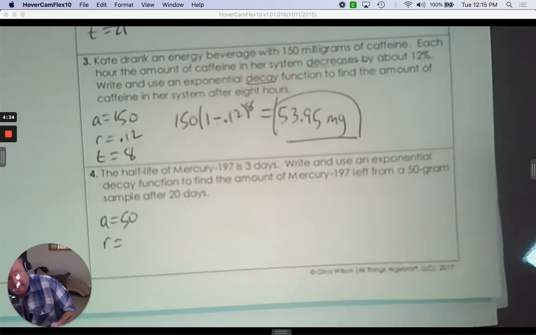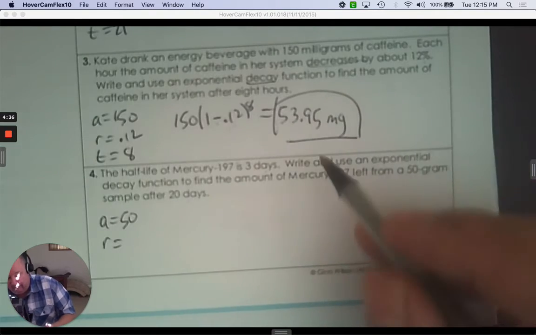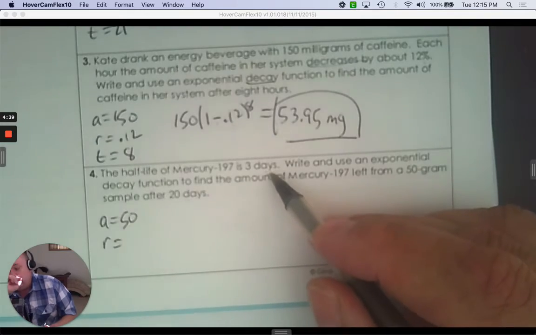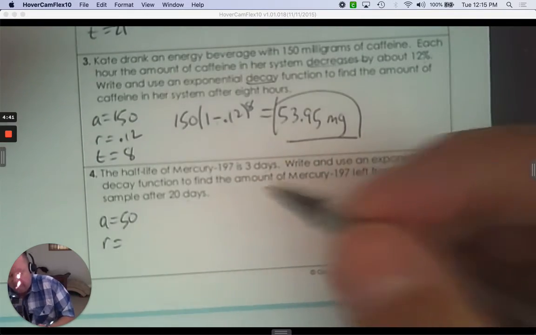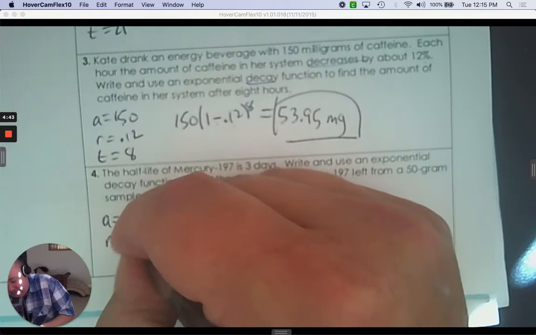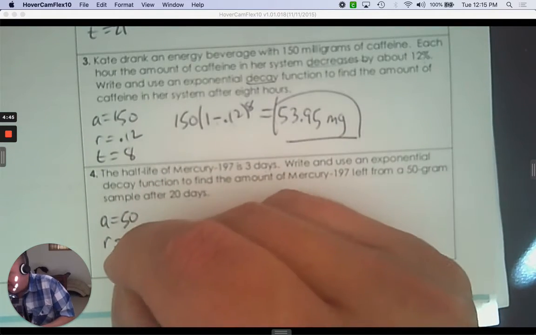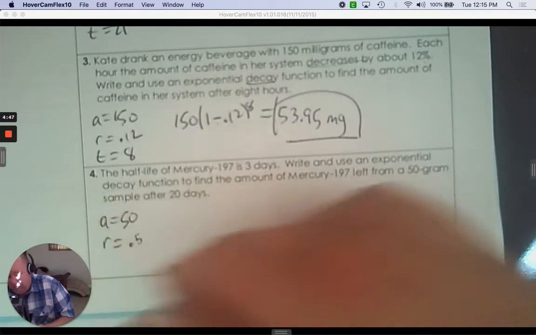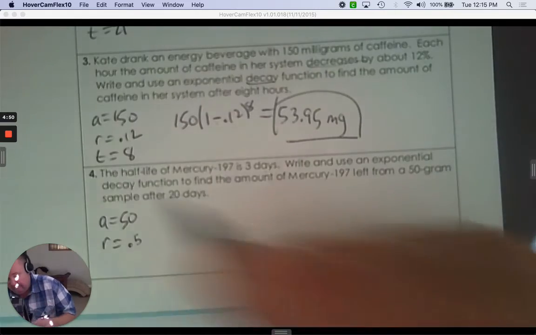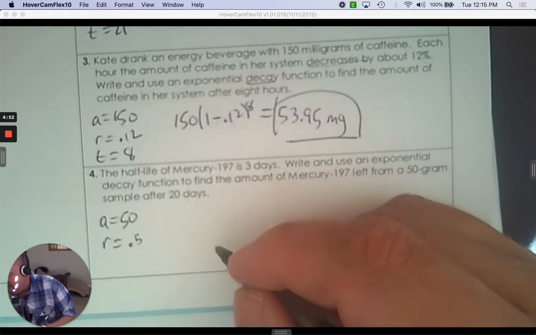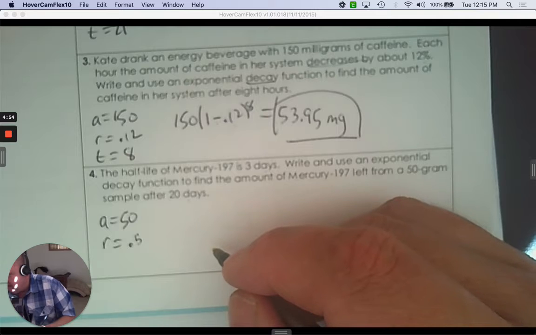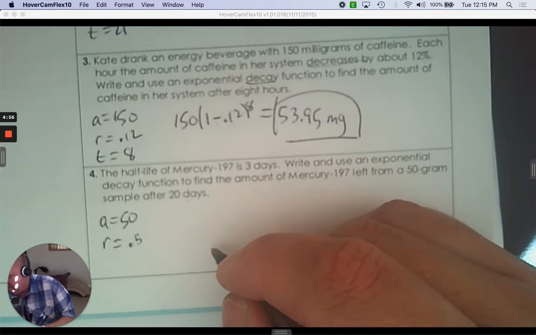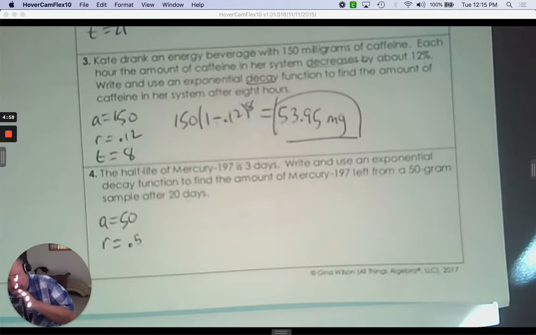What's the rate that it's going? So half-life is 3 days. So to understand that, it becomes 50% of its size after 3 days. So every 3 days, it becomes half its size.